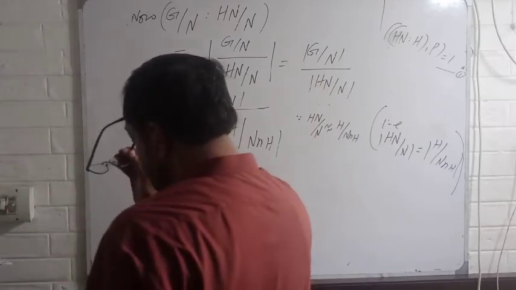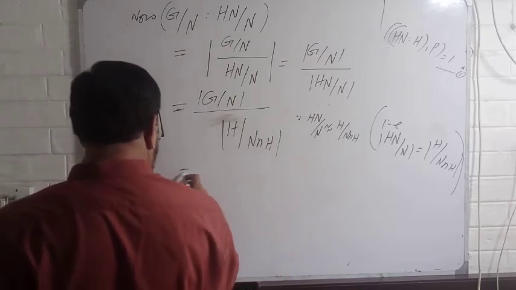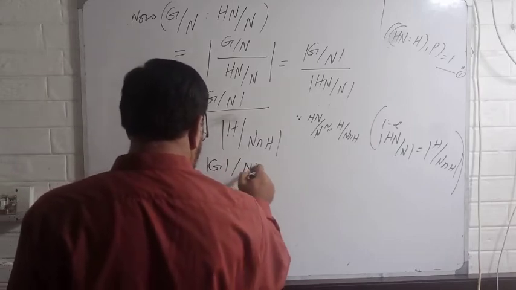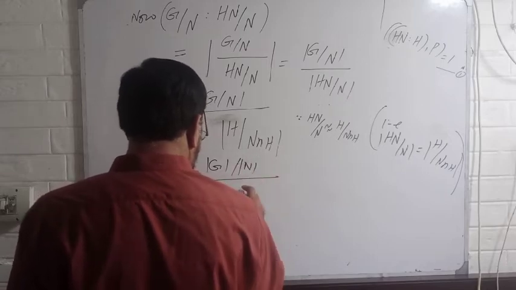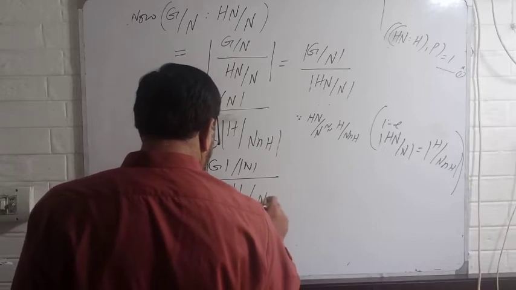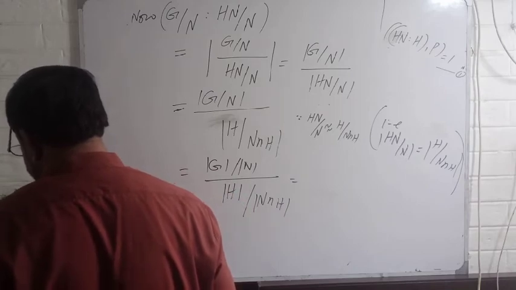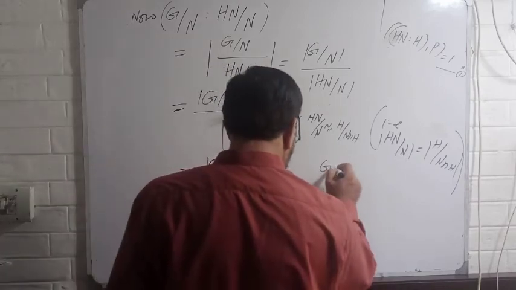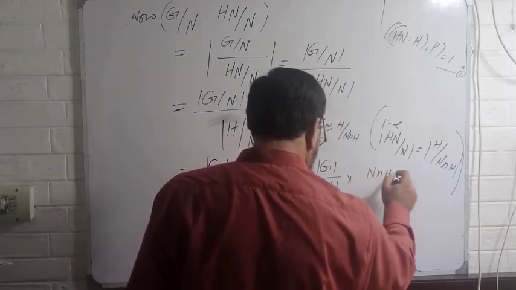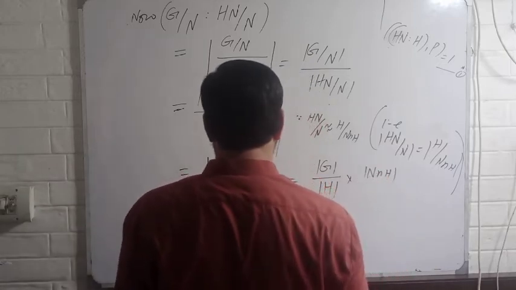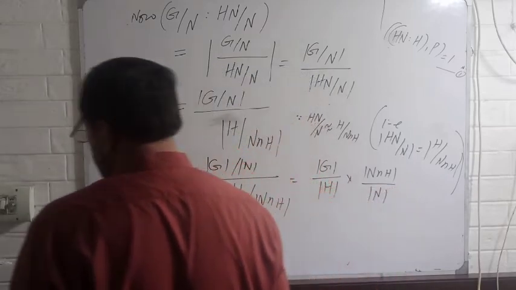Now this becomes order of G by order of N over order of H by order of N intersection H. This further can be written as order of G by order of H into order of N intersection H by order of N, right?